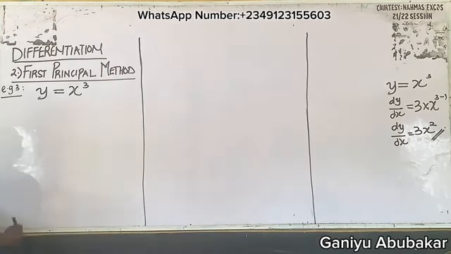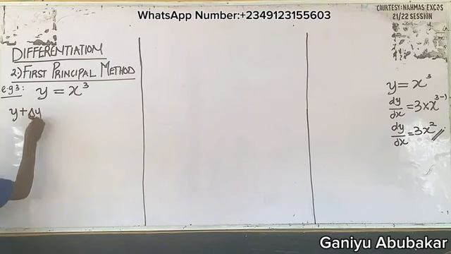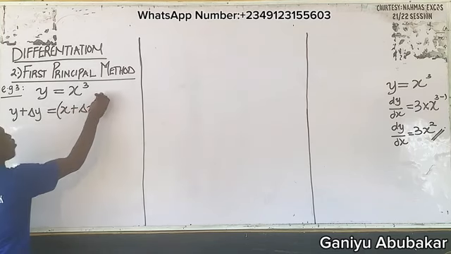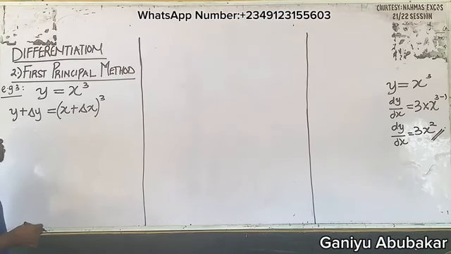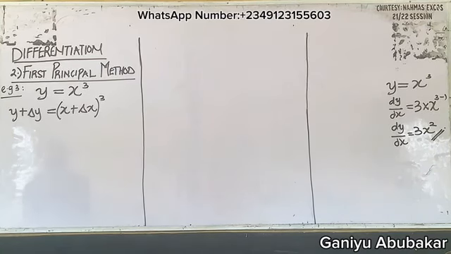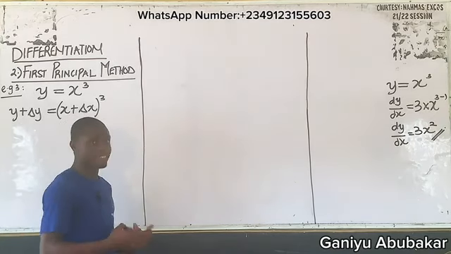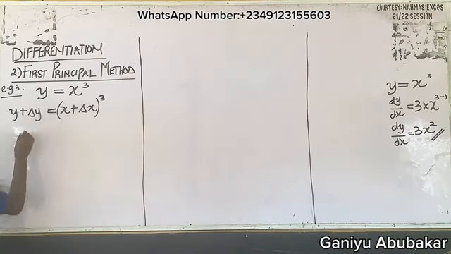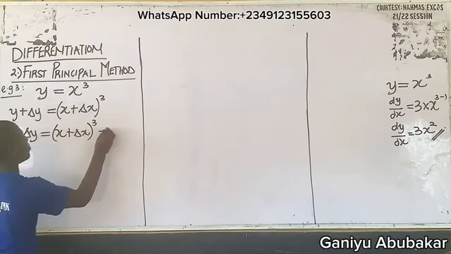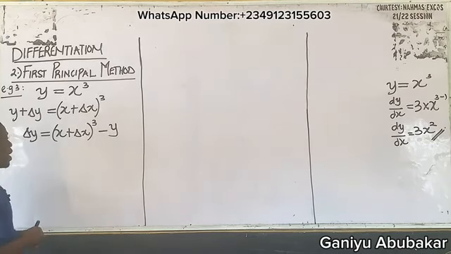For first principle, y plus change in y is equal to x plus change in x, all cubed. What's the next task to do? The next procedure is quite easy: take y to the other side, so the change in y is equal to x plus change in x all cubed, minus y.